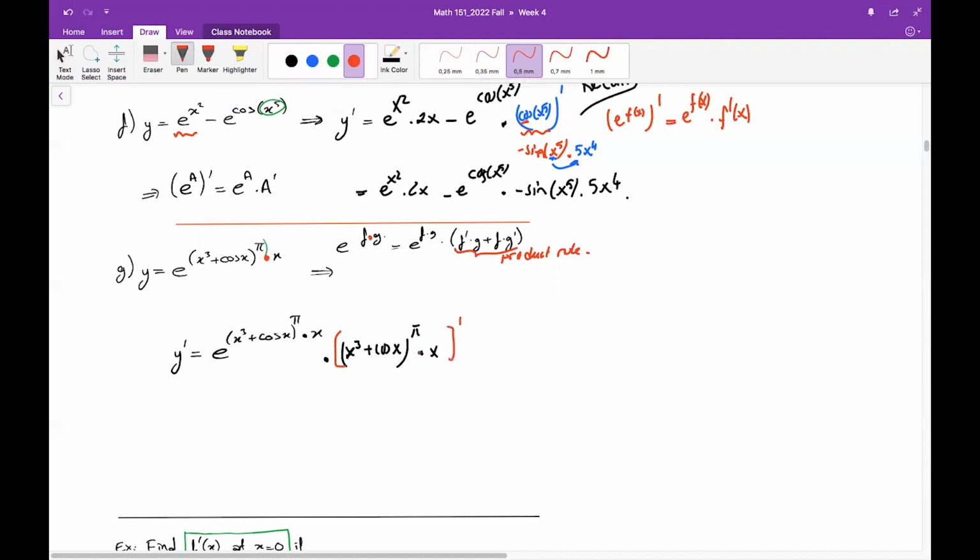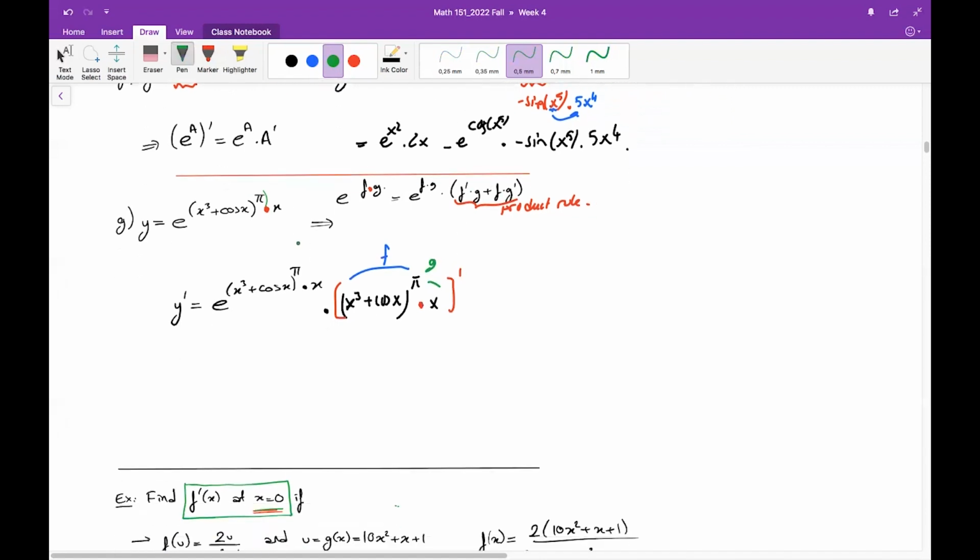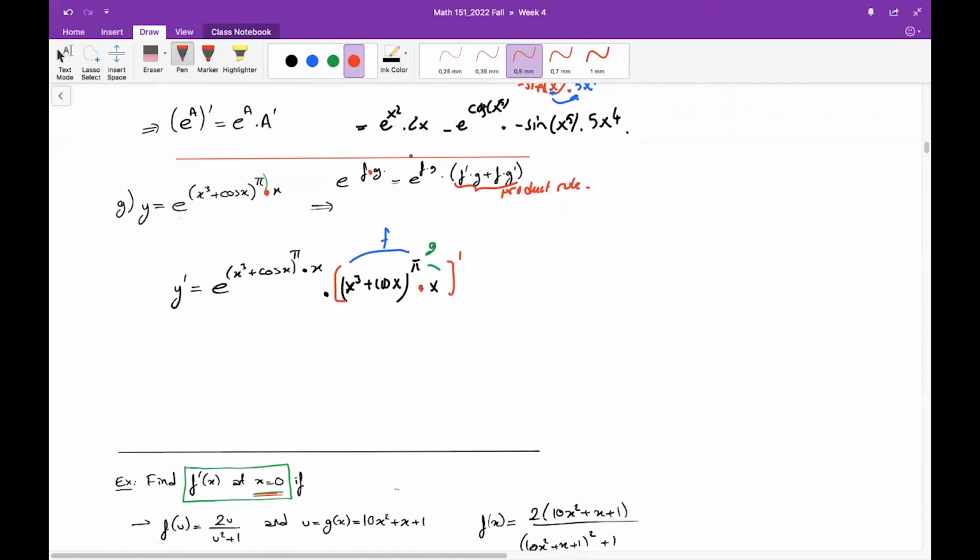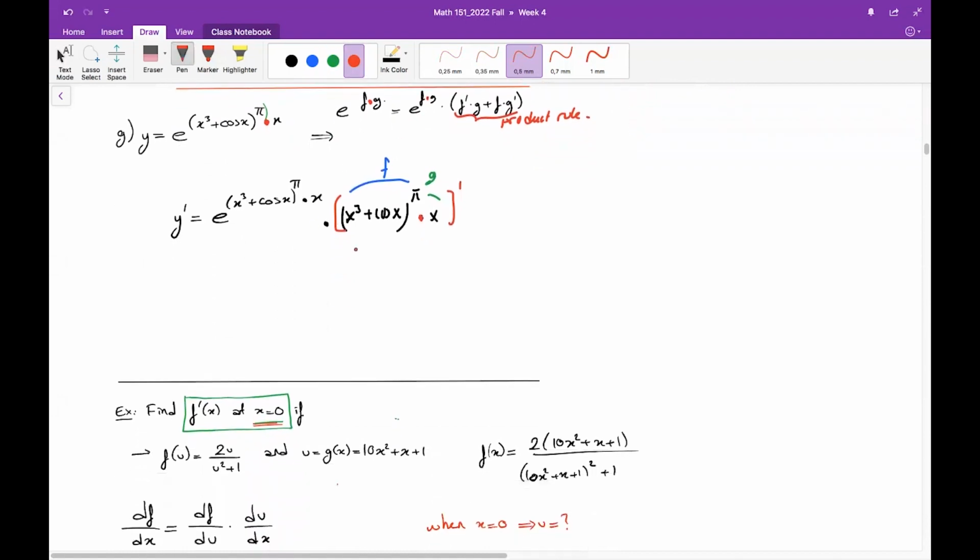This derivative of the power consists of the product of two functions, where this is f and this is g. You know how to derive products.